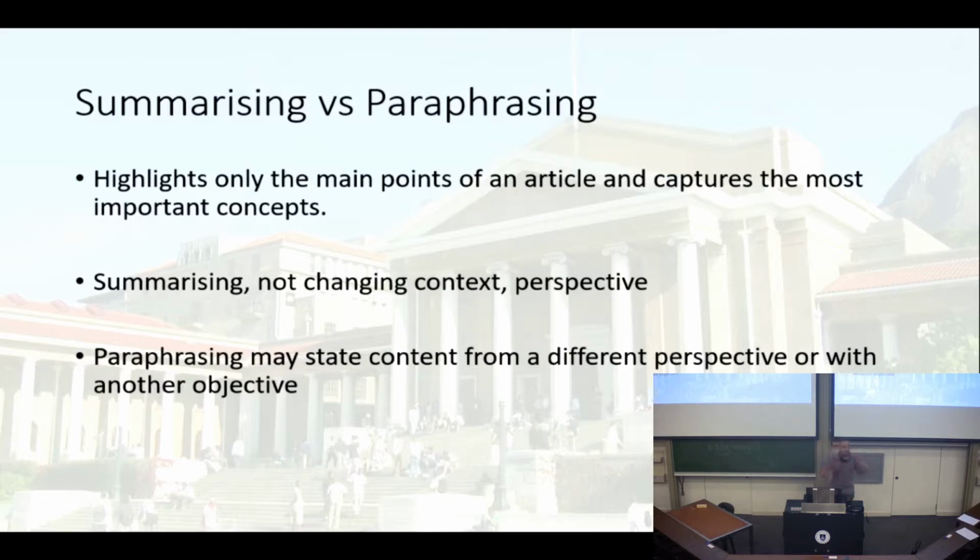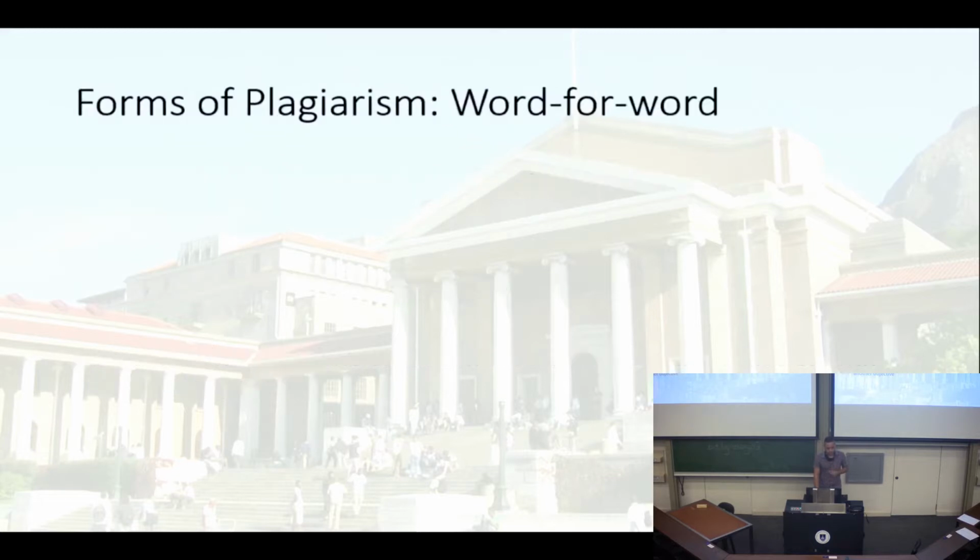Summarizing is you basically, again, writing in your own words what that person spoke about in the context that they were writing in and for. So that's an important one. Some people summarized and didn't paraphrase, didn't take that information and do something with it for their own writing purposes. So summarizing, not changing context, and writing in someone else's perspective, and paraphrasing, you're doing something with it for your topic.